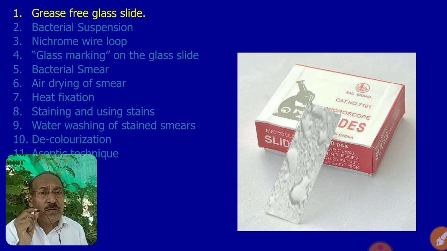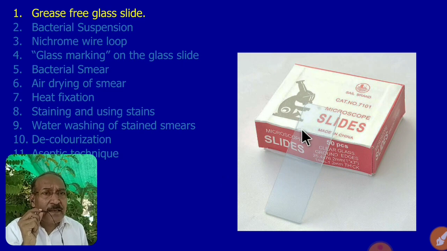That will give you a fat-free or grease-free glass slide. Means if you let that water trickle down again, then that water will flow from the surface of this slide.